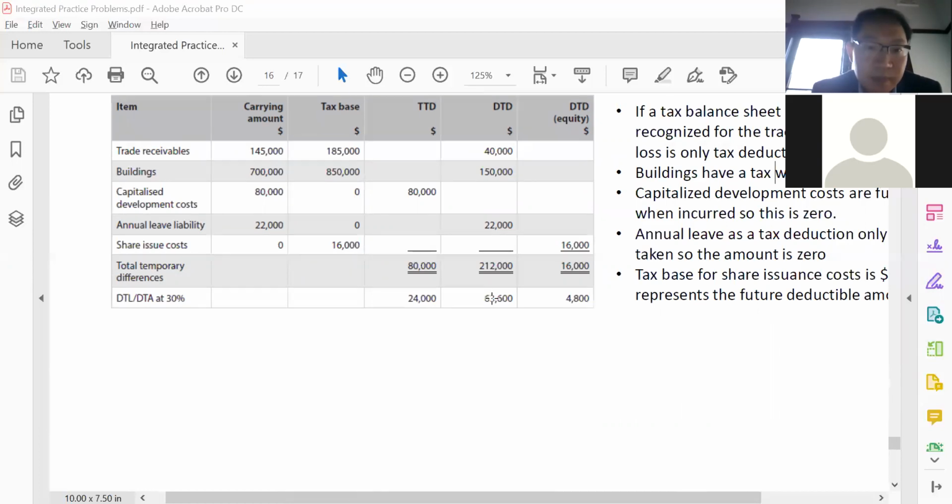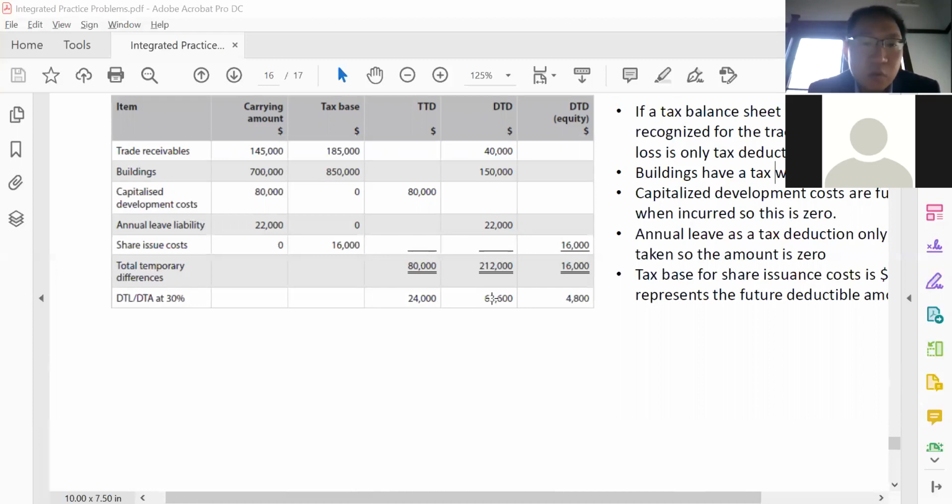Remember what we need to do here is look at the change in the balances between the current year versus the prior year to work out what was the change in the current year. And it's going to be the change that ultimately gets captured as the income tax expense.